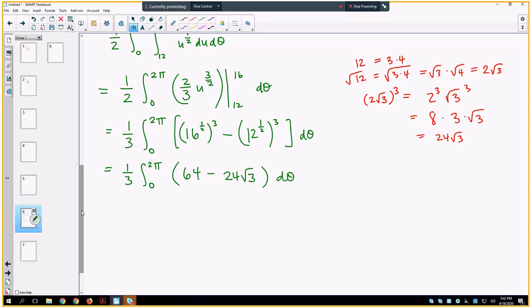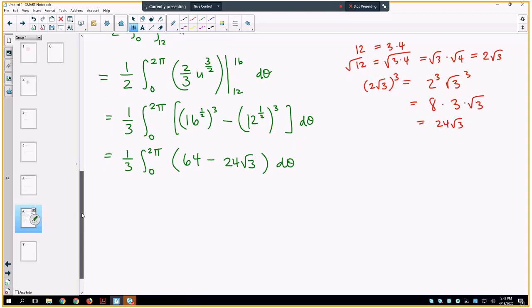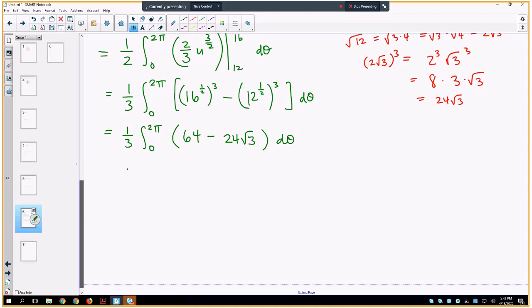But that's also just a constant. So why don't we pull it out and say this is 64/3 minus 24 square root of 3/3 times integration d theta is theta, and I'll evaluate between 0 and 2 pi, which of course is just 2 pi.